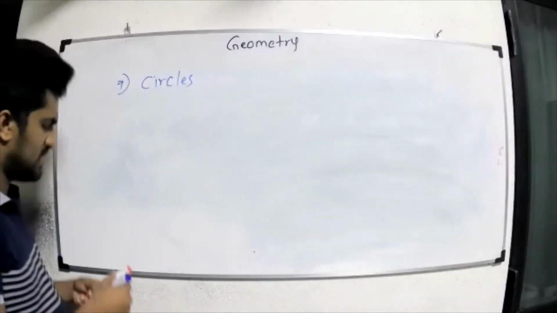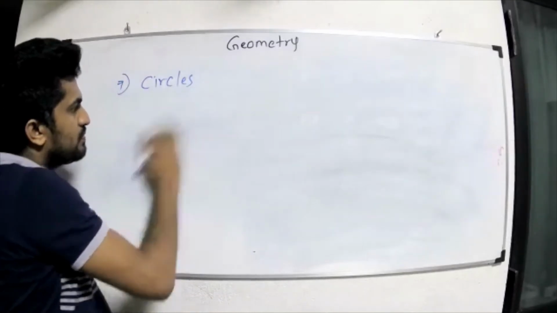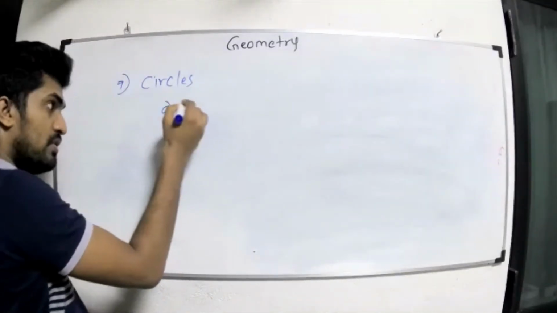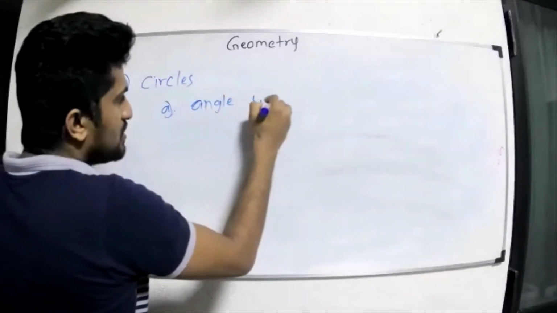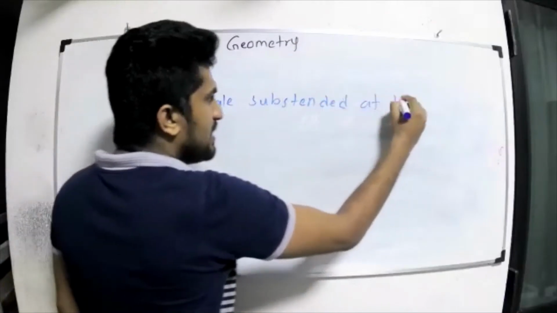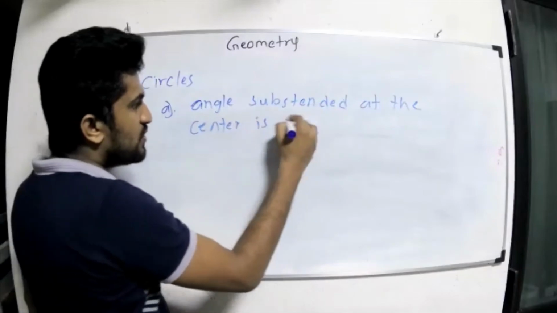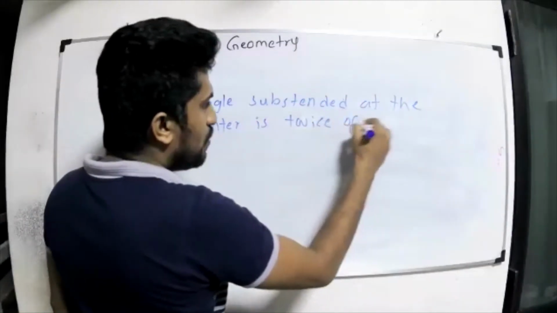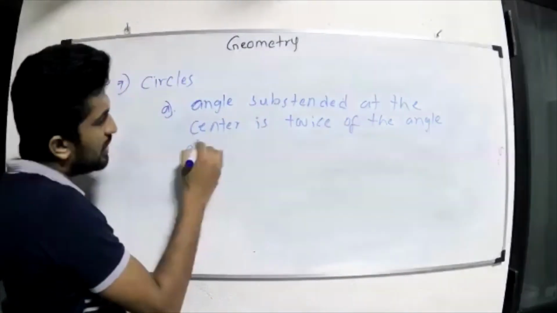So, circles. If I draw the first theorem: the angle subtended at the center is twice the angle at the remaining part.